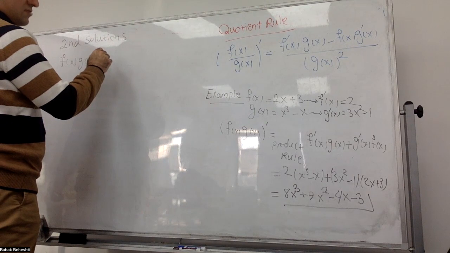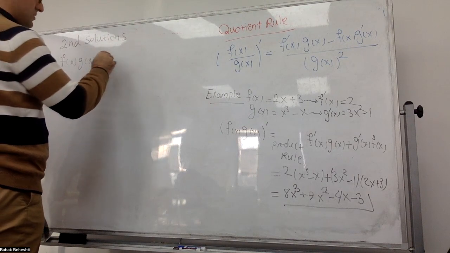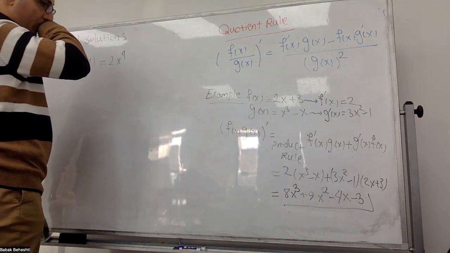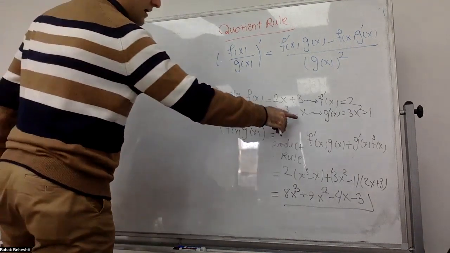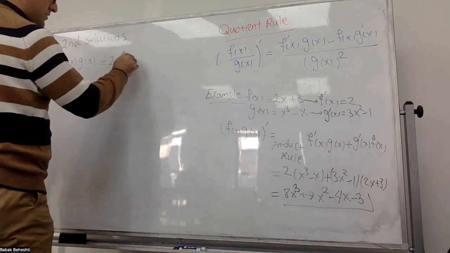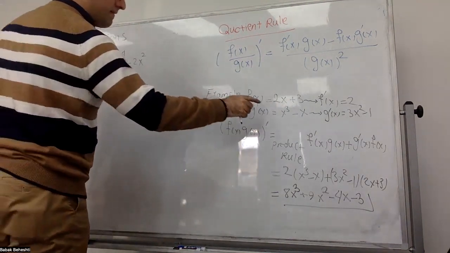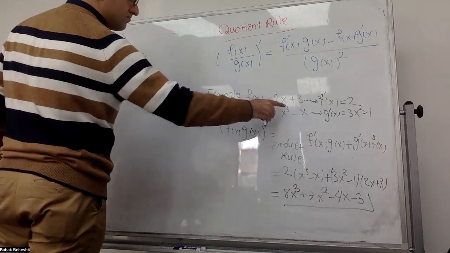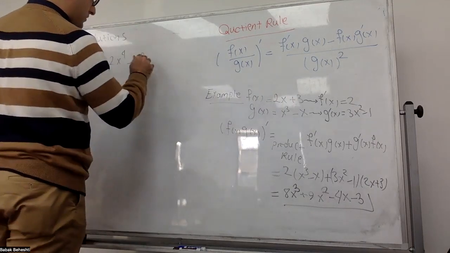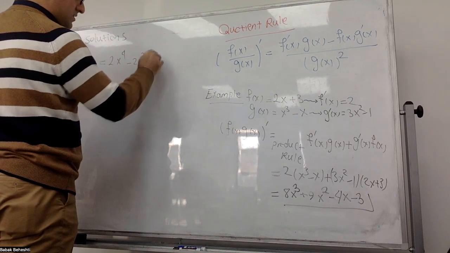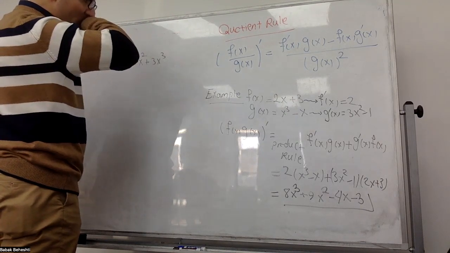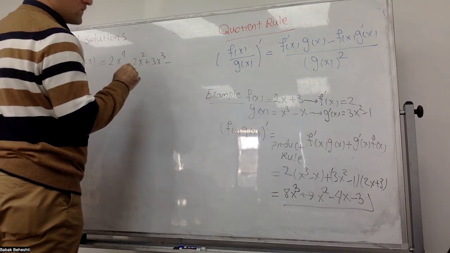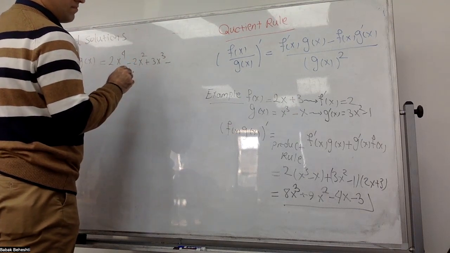So 2x plus 3 times x cubed minus x. So it's 2x to the power 4, then you have minus 2x squared, then you have 3x cubed minus 3x.